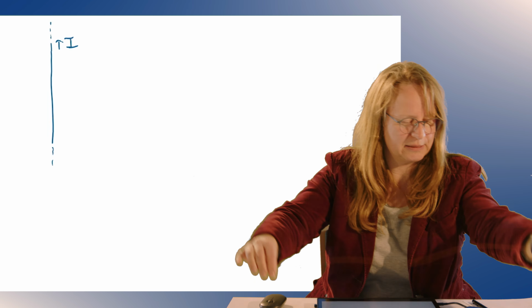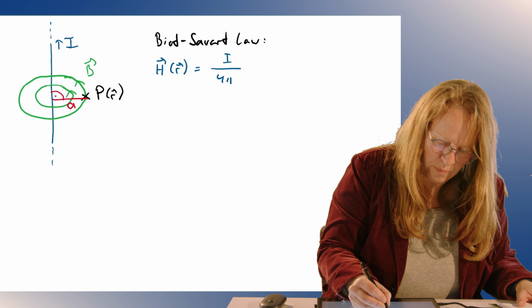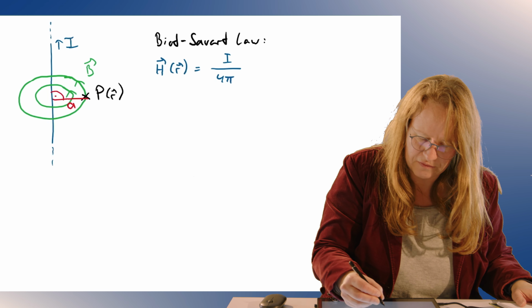So first of all, we are going to do it with the law of Biot-Savart. So let's write down the Biot-Savart law. This is given by the magnetic field strength H at a position R is equal to I over 4 pi, so the current that is causing the field.